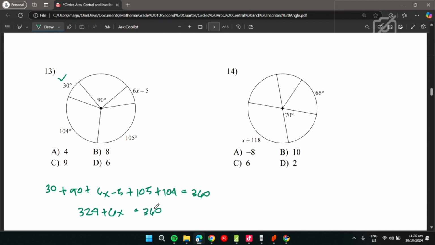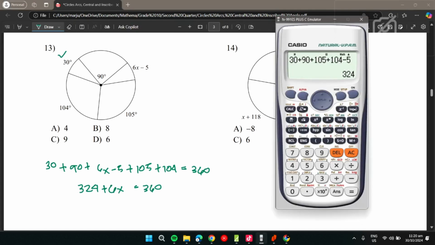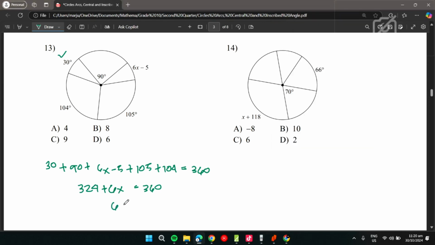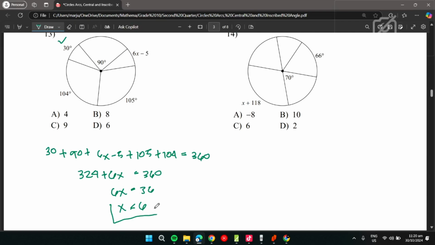And again, we subtract both sides, 324. So mangyayari 360 minus 324, that gives you 36. So magiging 6x equals 36. So solve for x equals 6. So this is our x value. So anong letter yan? That's letter D.